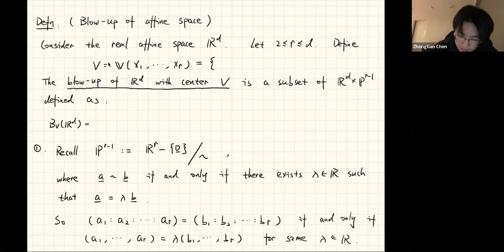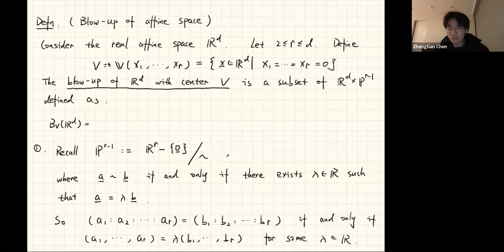So this set consists of points in Rd whose first r coordinates vanish. For example, if we take r equal to d, then this set will just consist of the origin, because every coordinate vanishes. Then the blow up of Rd with center V is defined as follows.